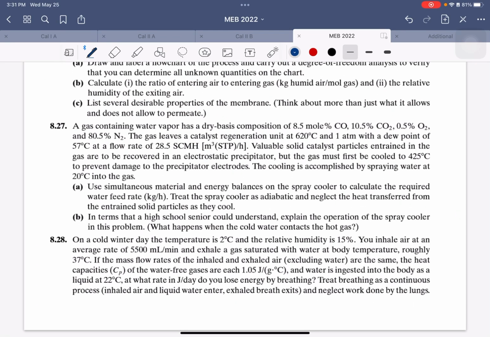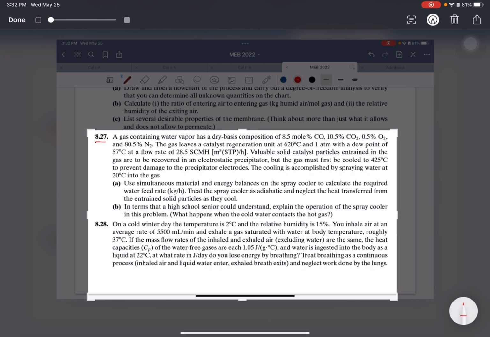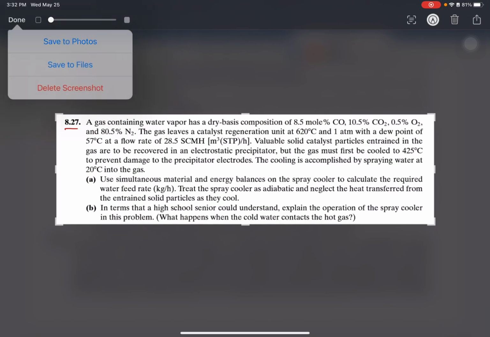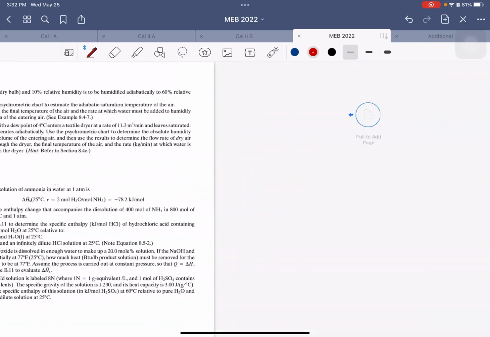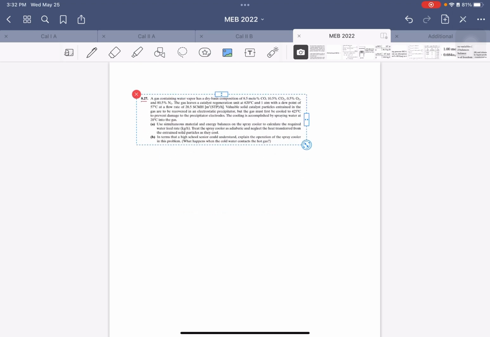Okay, now looking at this number 27. So number 27. Okay, let me go take the screenshot and make it quickly. Okay, and then let's put all into here.